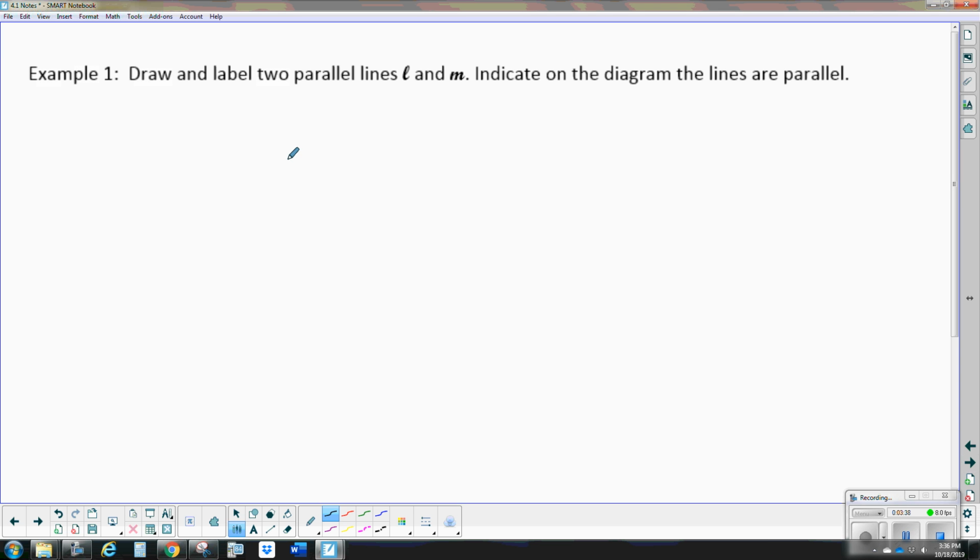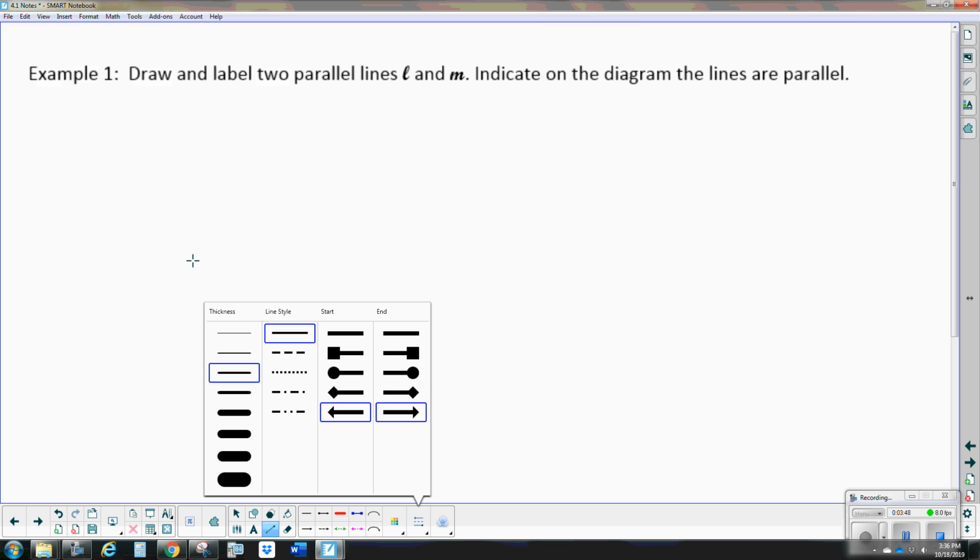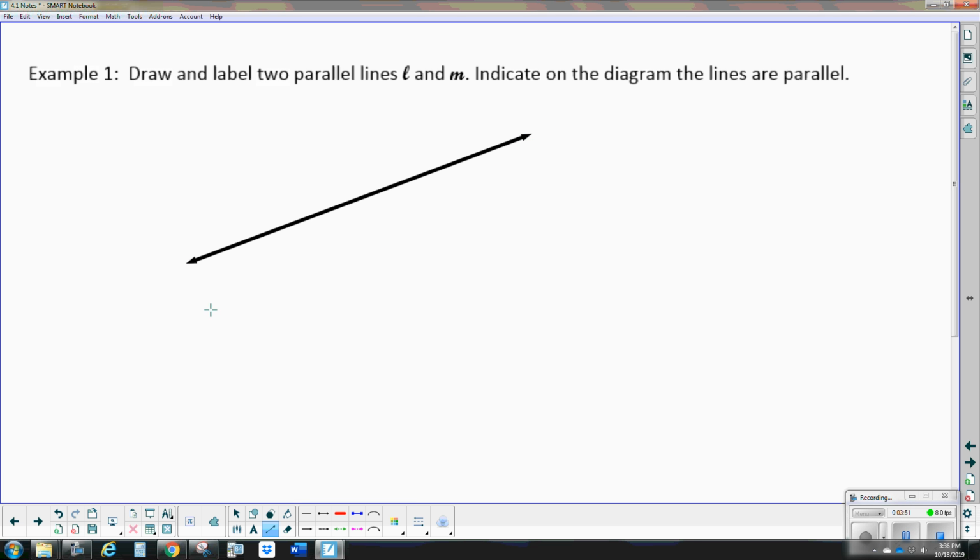So in this next example, let's practice naming lines using just letters instead of points that are on the line. So it says to draw, and you should use a straight edge for this, 2 parallel lines. And one of those lines is line L, and one of those lines is line M. Okay, so those letters will be off of the line, they're not points on the line.